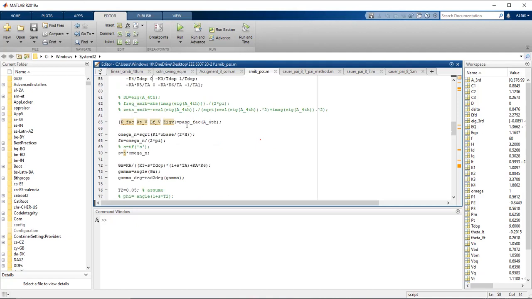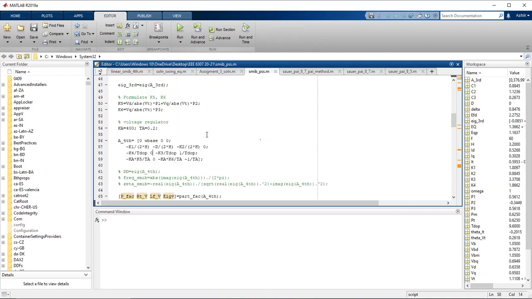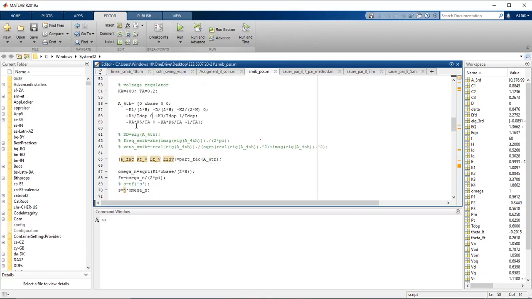as I said, this is not required just to know about the stability. Just to know the stability, we can simply adopt our command, eig third.